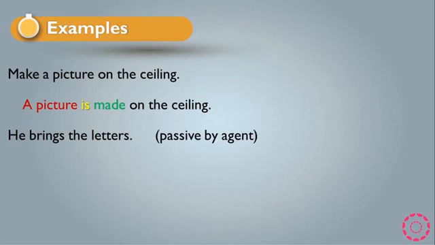He brings the letters. As you see, it asks for passive with by agent, so you have to use by agent. So the sentence became: the letters are brought by him.